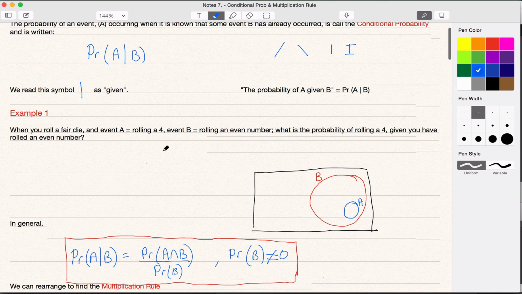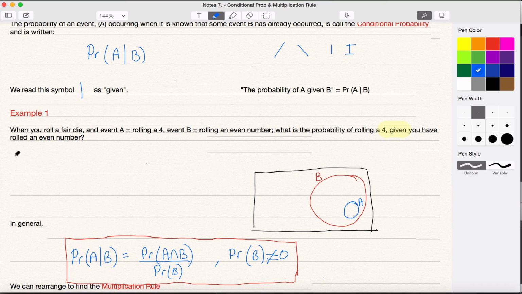An example of where we would use that. When you roll a fair die and event A is rolling a 4, event B is rolling an even number, what's the probability of rolling a 4 given you have rolled an even number?